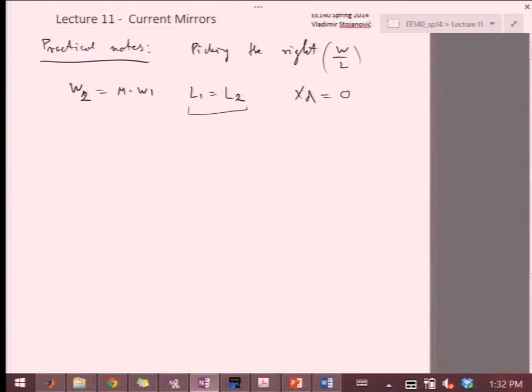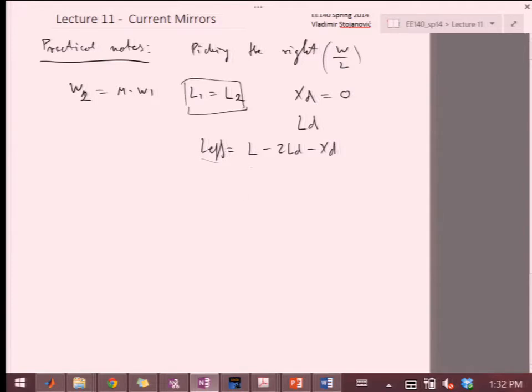Even if we say XD is 0, we still have LD, which is how much the source and drain get underneath the drawn gate length. So my L effective will be L minus 2LD minus XD, and for different starting lengths, the L effective will be different. Even if the starting lengths are proportional, the L effective is not going to be proportional, right?